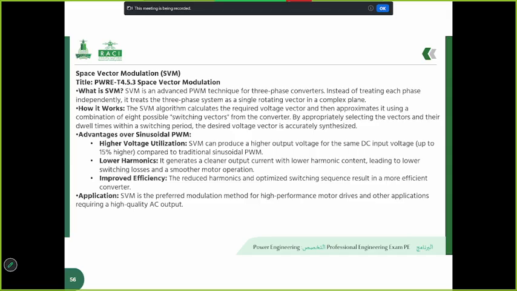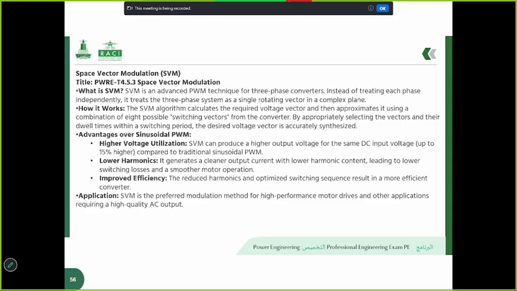The algorithm works by calculating the desired output voltage vector at any given moment and then synthesizing it using a combination of the eight available switching states of the converter's three legs. These eight states correspond to eight fixed voltage vectors in the complex plane. By carefully selecting which vectors to use and for how long to apply them within a switching period, SVM can accurately reproduce the desired rotating voltage vector.